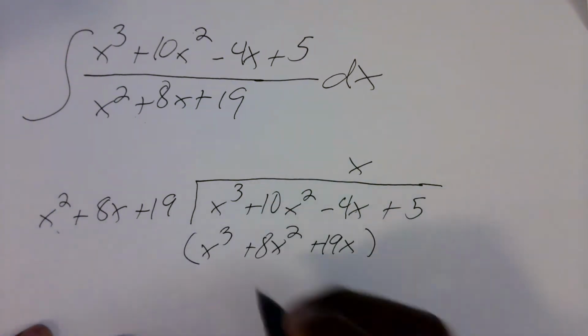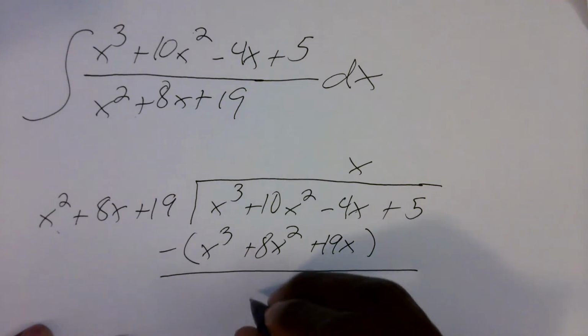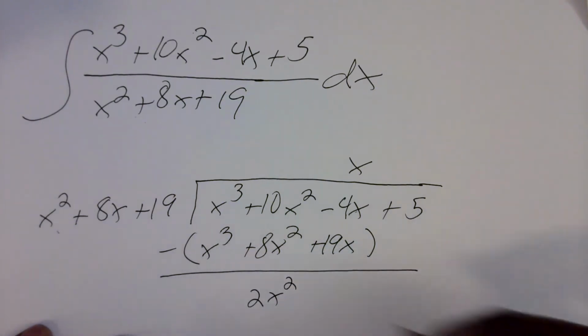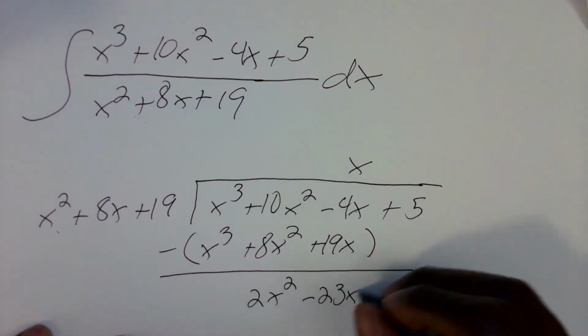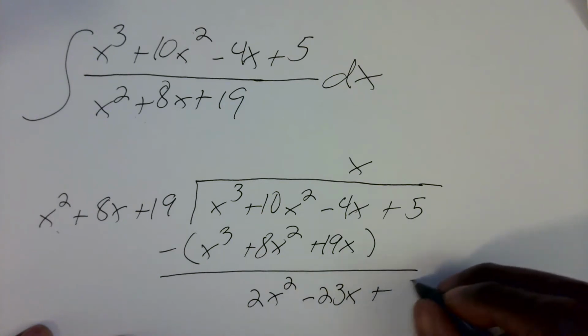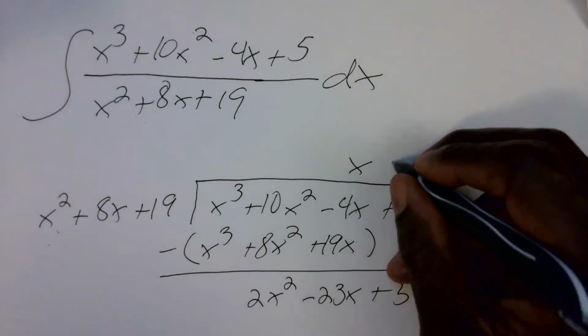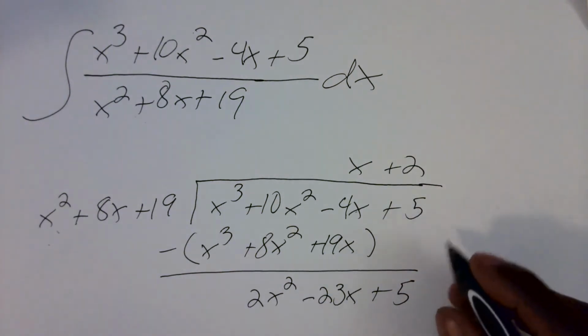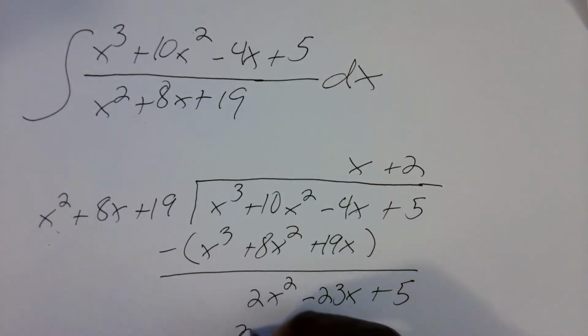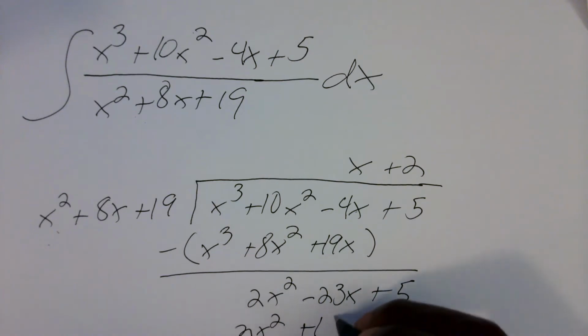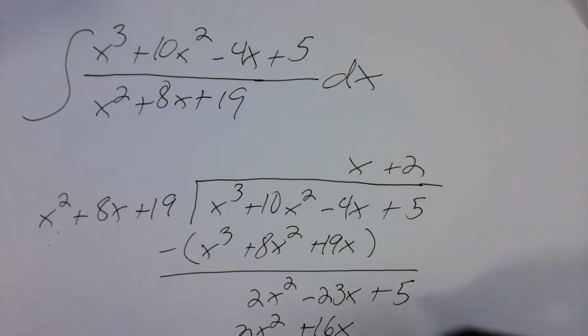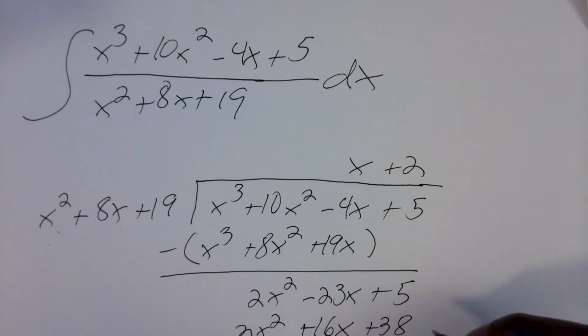And then when I subtract, I'll get 2x squared minus 23x, and I'll bring down the plus 5. And then x squared will go into 2x squared 2 times. So that's times 2, and that will be 2x squared, and then 16x, and then 38. And then we subtract.